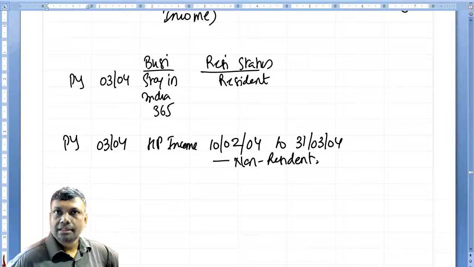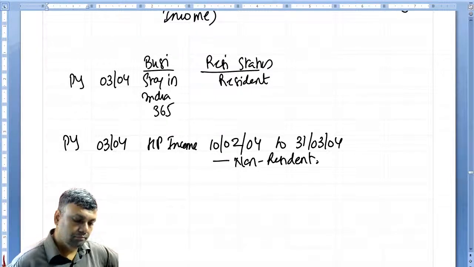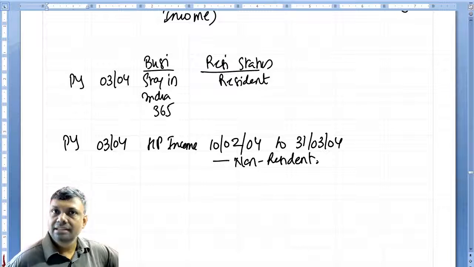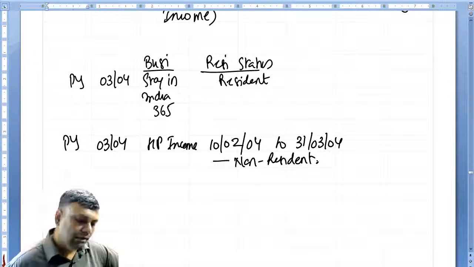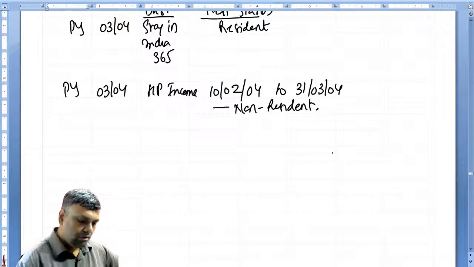You may say that you are non-resident with respect to that income, because it is less than 60 days. So, I'm not calculating that exact number of days and all that kind of things. Okay, so forget it.